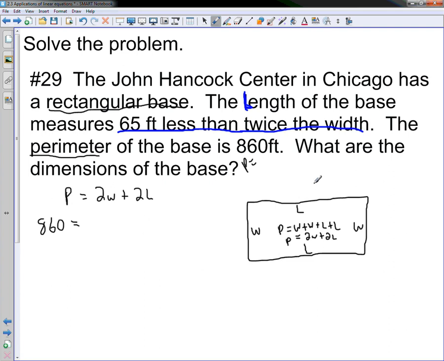So off to the side, I'm going to have the length is equal to 65 less than. So that means I'm subtracting 65 from something, and I'm subtracting it from twice W.